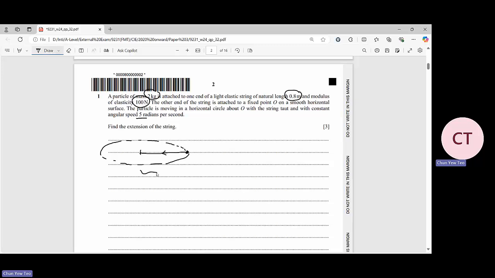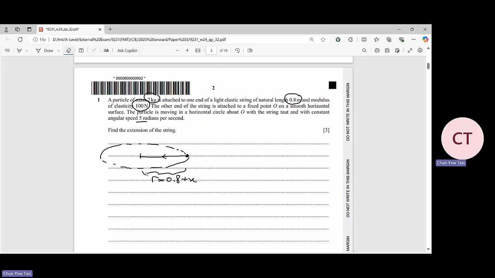So the R over here equals 0.8 plus x, that is the R. Okay. Then your tension, this is the R.